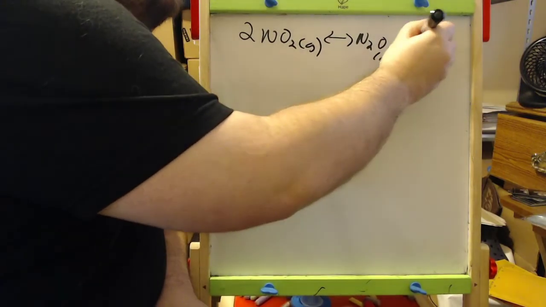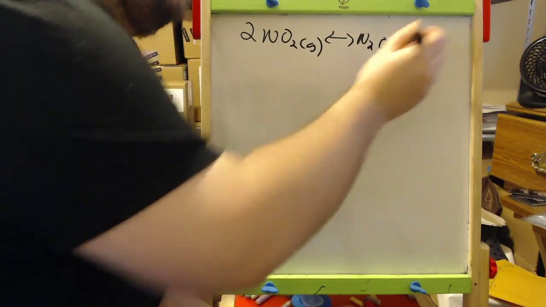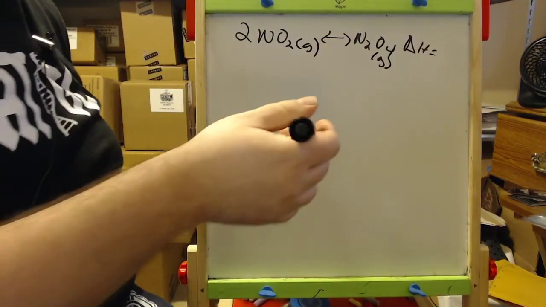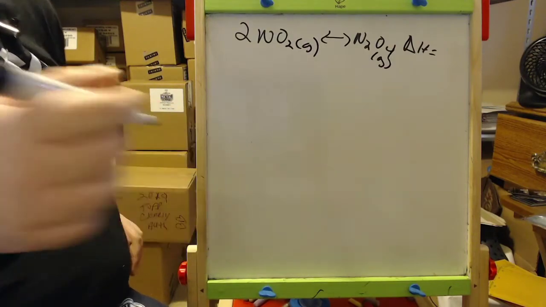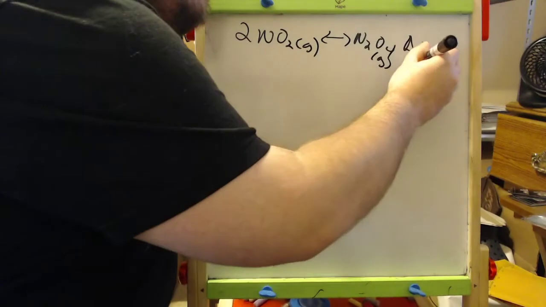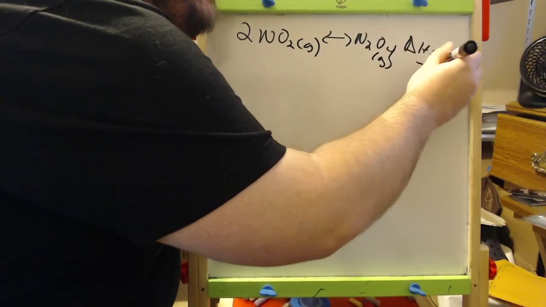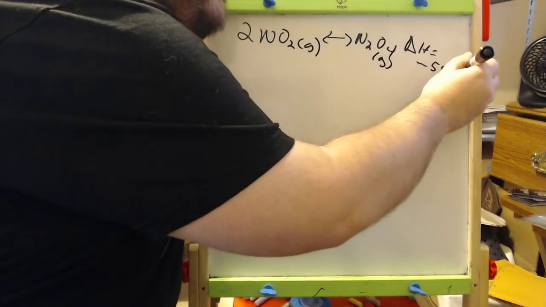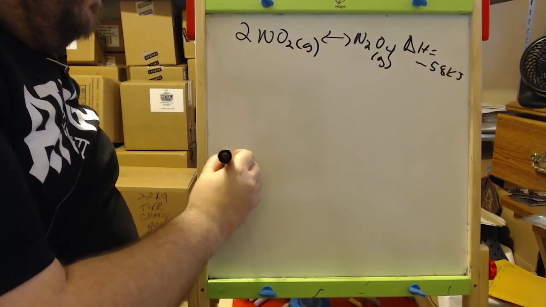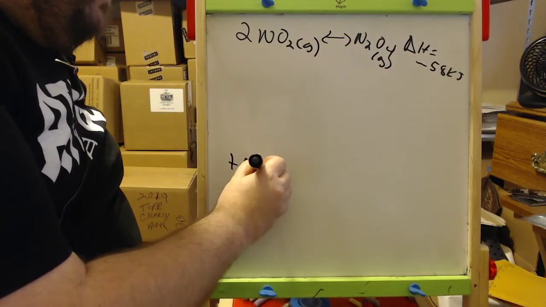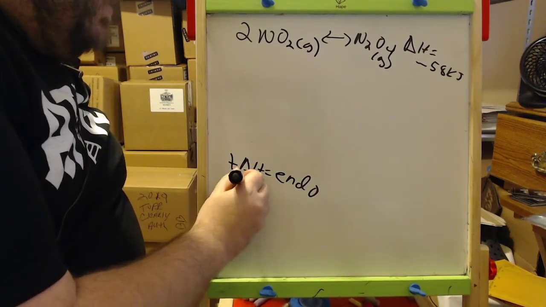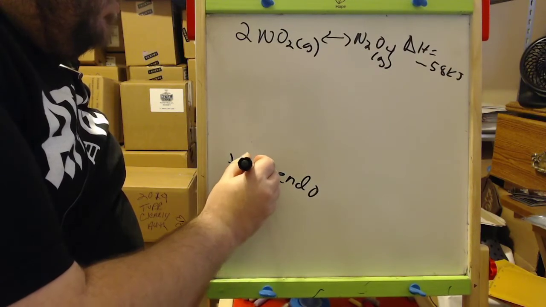If you don't remember, our delta H at constant pressure tells us if we're exothermic or endothermic. This reaction is exothermic, so the delta H would read negative 58 kilojoules. Remember, a positive delta H means I'm endothermic, and a negative delta H means I'm exothermic.